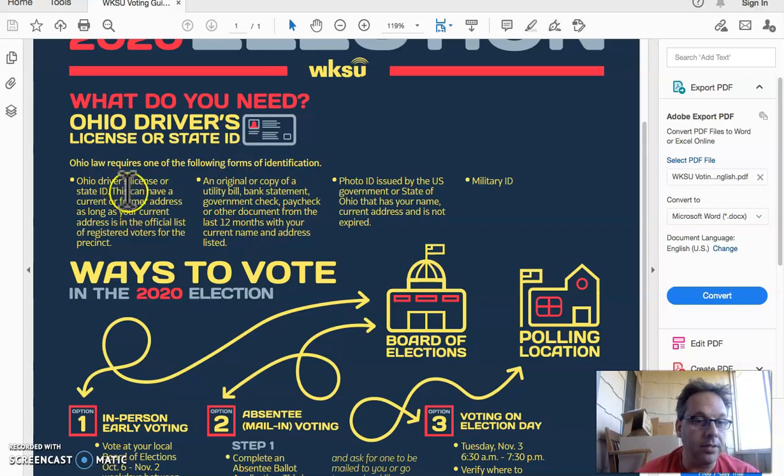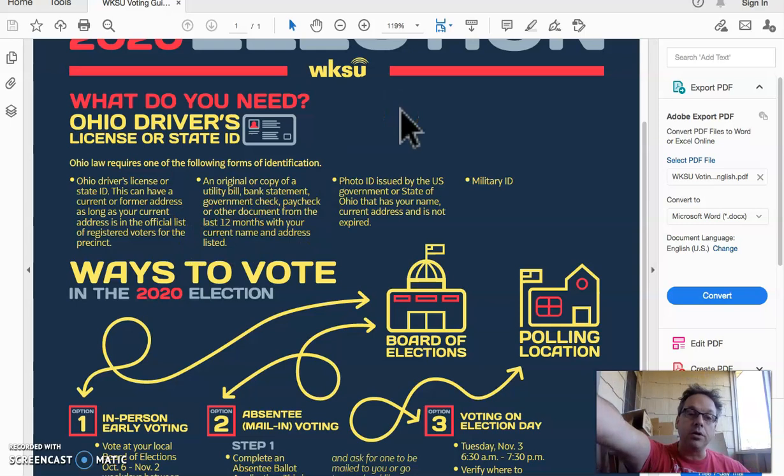So there's a little bit of an issue with this first part. If your driver's license has an address where you used to live, you will need to supply two things. You'll need to supply this also. So an original or copy of a utility bill, that's your electric bill, water bill, gas bill, a bank statement, a government check, a paycheck, or any other document from the last 12 months with your current name and address.